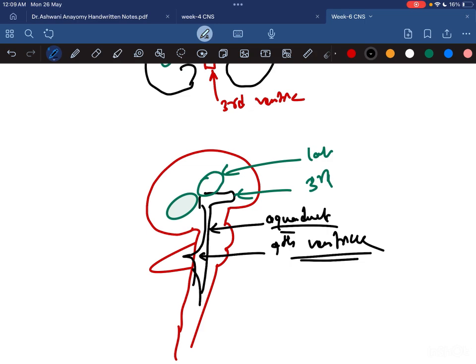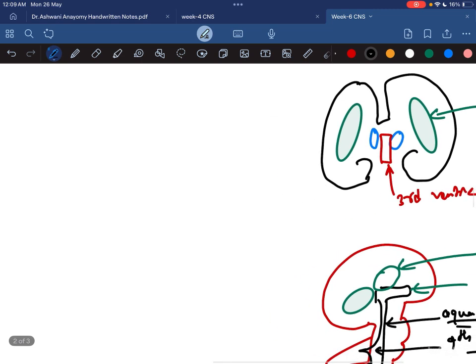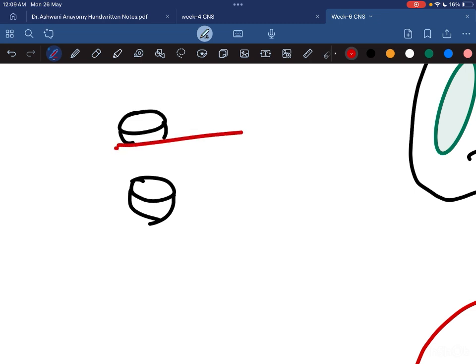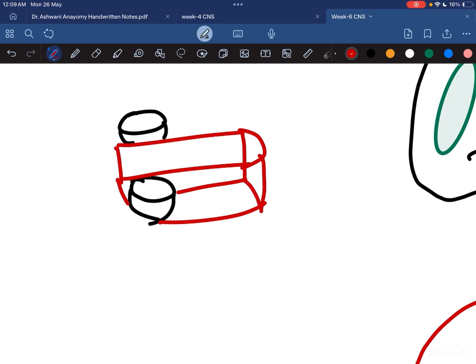When we look at the third ventricle, first I am just making it clear. This is one side of the hypothalamus, and in between both sides there is a cavity.